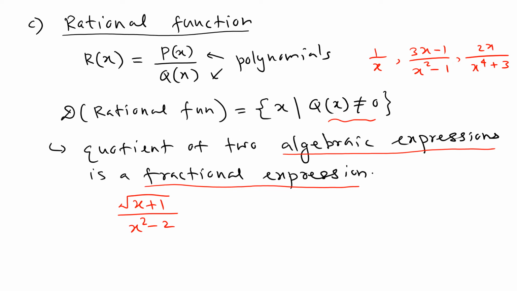Or like 1 over (x plus 3) squared. Now when you want to find the domain, you have to think about all those different cases, all the other three types.